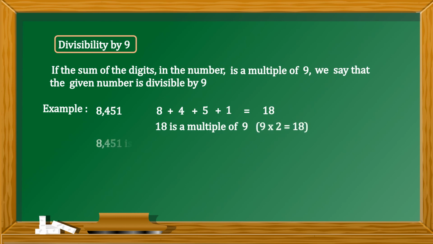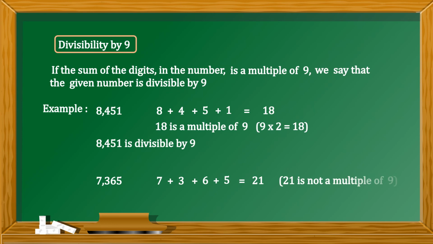Hence, 8451 is divisible by 9. In 7365, the sum of the digits is 7 plus 3 plus 6 plus 5 equal to 21. And 21 is not a multiple of 9. Hence, 7365 is not divisible by 9.